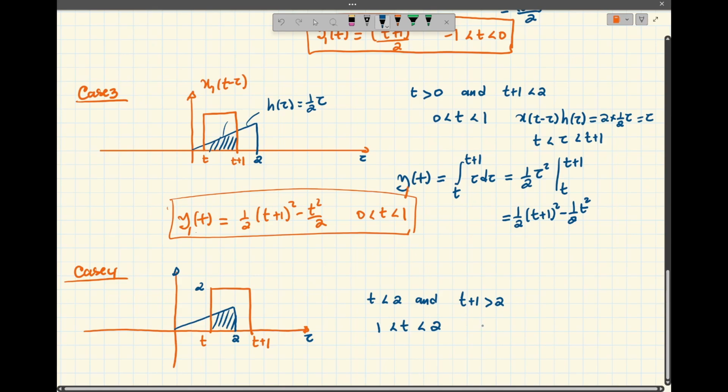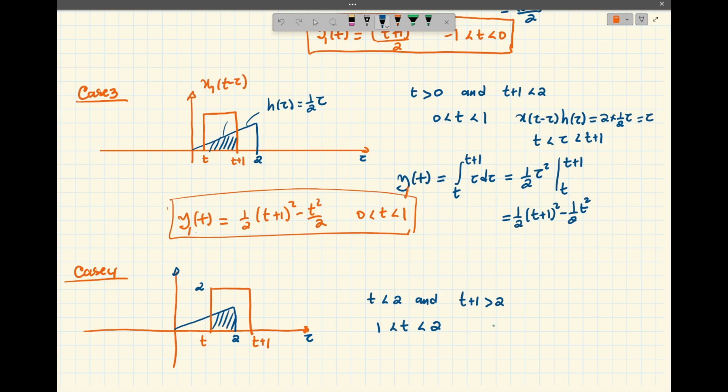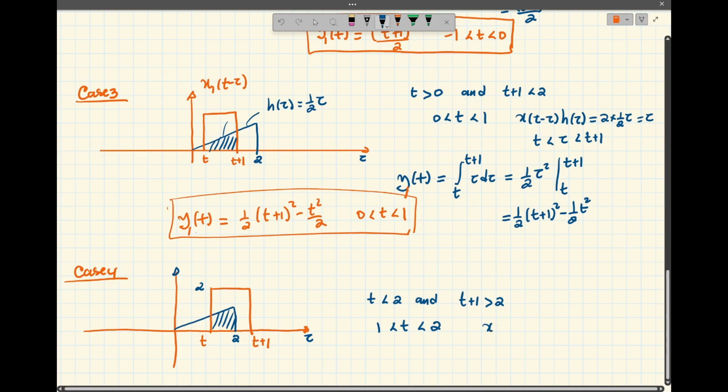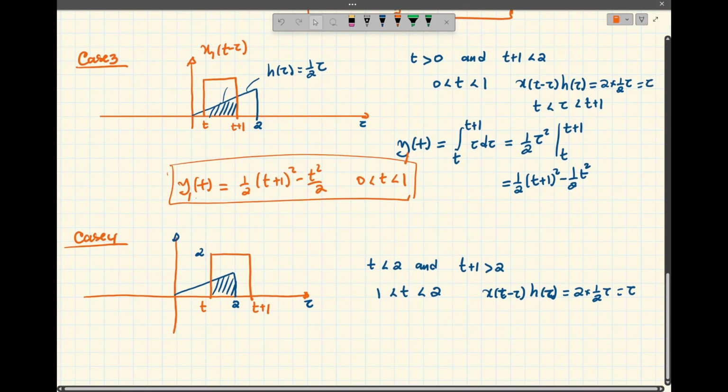and we have x of t minus tau, h of tau will be equal to 2 times 1/2 of tau, which is tau, and tau is between t and 2.